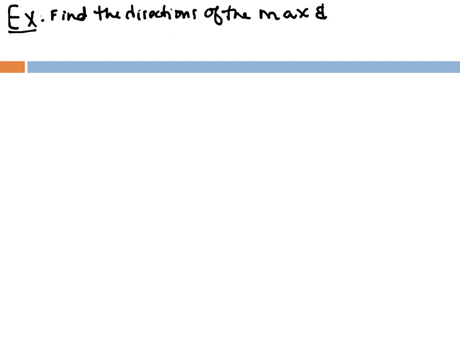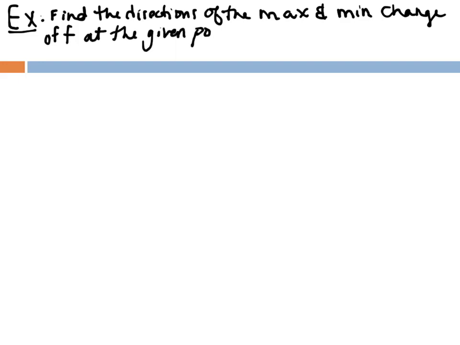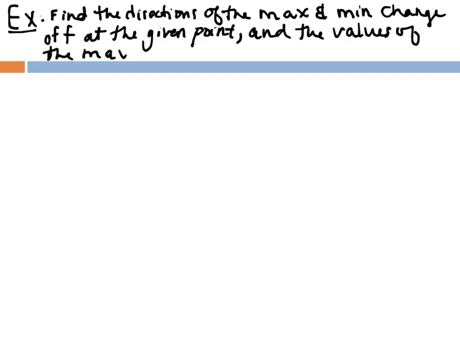Even the directions for my example are wordy. Isn't that crazy? Okay, so we're going to find the directions of the maximum and minimum change of f at the given point and the values of the maximum and minimum rates of change.